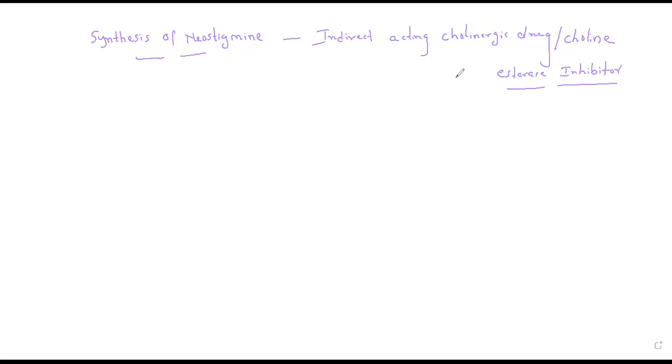This increases the amount of acetylcholine in the neuronal junction that can bind with muscarinic receptors or nicotinic receptors to show its biological activity. So if I want to explain in a simple way, this cholinesterase enzyme is very important. Okay, so acetylcholine is a very important neurotransmitter.